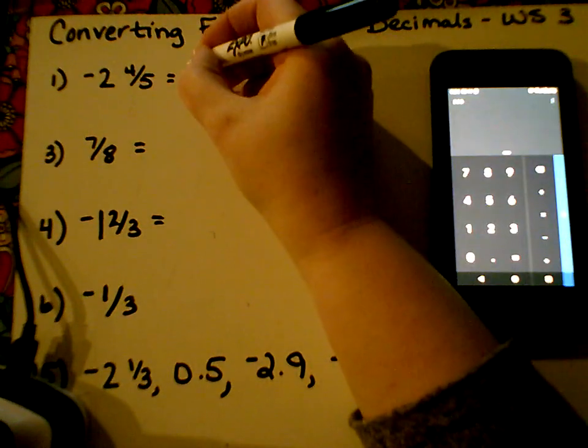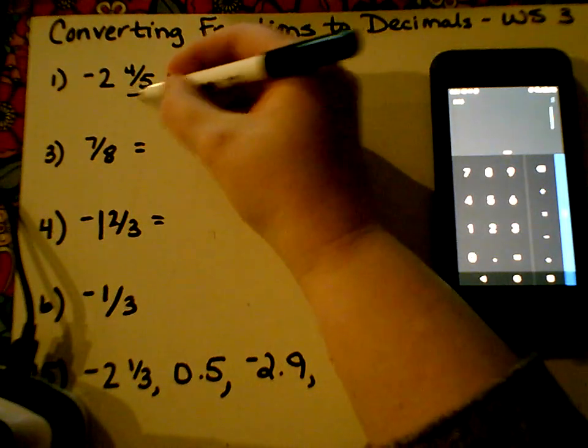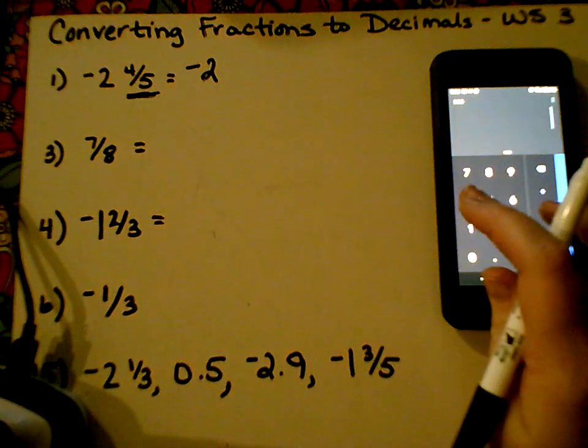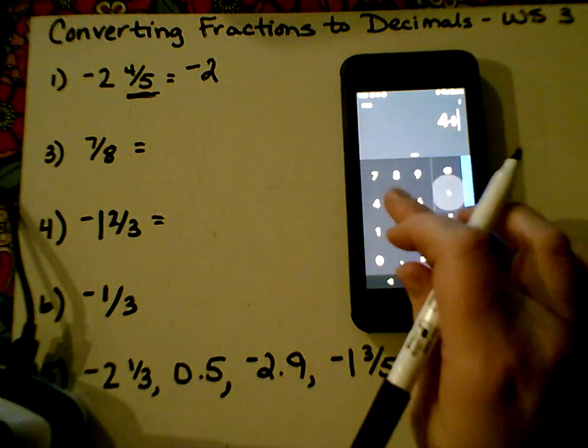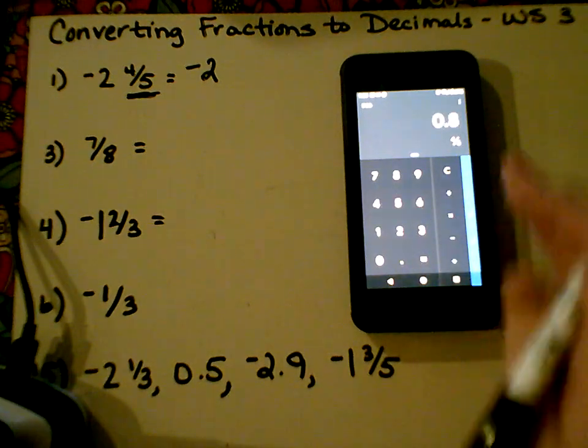So when we're converting that, we need to keep the -2, and the only thing we need to worry about converting is the 4/5. So in our calculator, we're going to type 4 divided by 5.